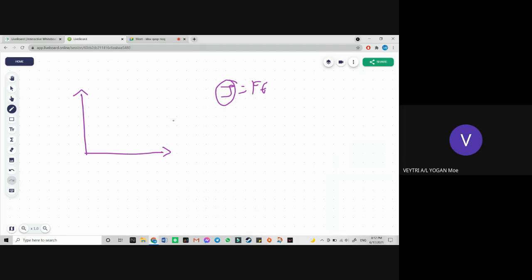J here is impulse. F here is a force. What type of force? Impulsive force. Make sure you know the difference. J equals Ft, F is multiplied by t. In chapter 1 and chapter 2, we learned about graphs, right? When we multiply in graphs, it is this unit multiplied by this unit, basically the y-axis unit multiplied by the x-axis unit.